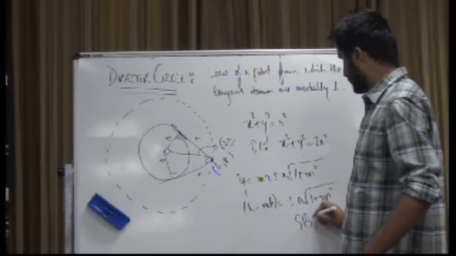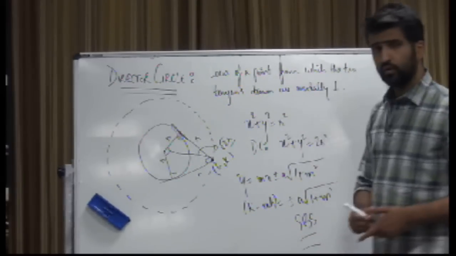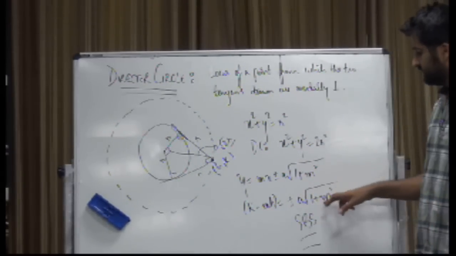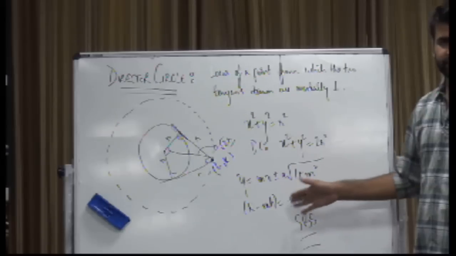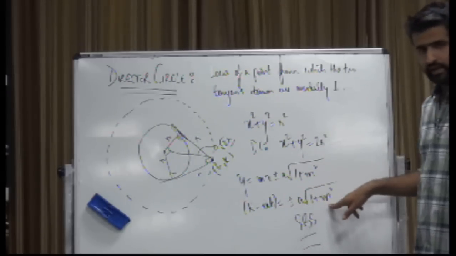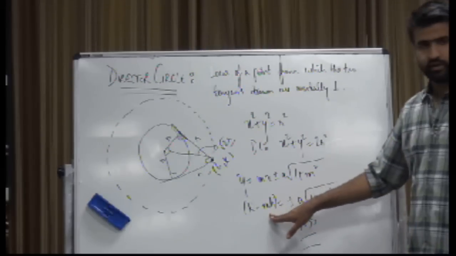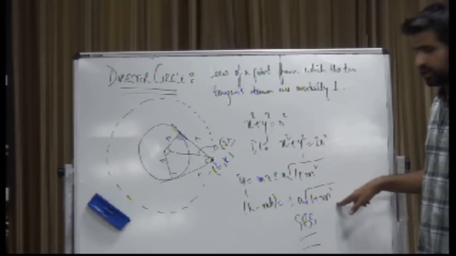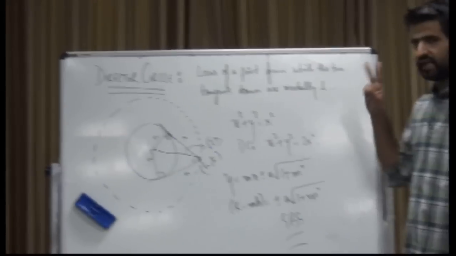Now square both sides. Okay, after squaring both sides, you will get a quadratic equation in m. You're getting m square over here, you will get m square over here. So you will get a quadratic equation in m.